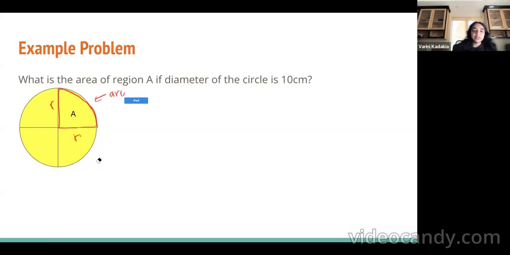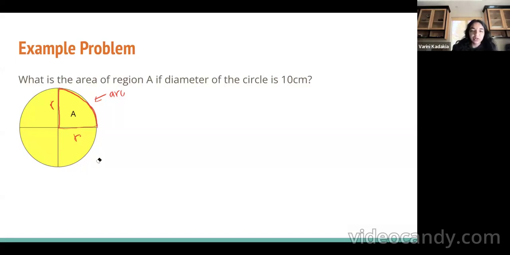So what this is basically saying is that the sector needs to be a fraction of the circle. You can't have a sector like this. This portion over here is not a sector because there's no arc, so you can't find the area of this triangle using the sector formula.